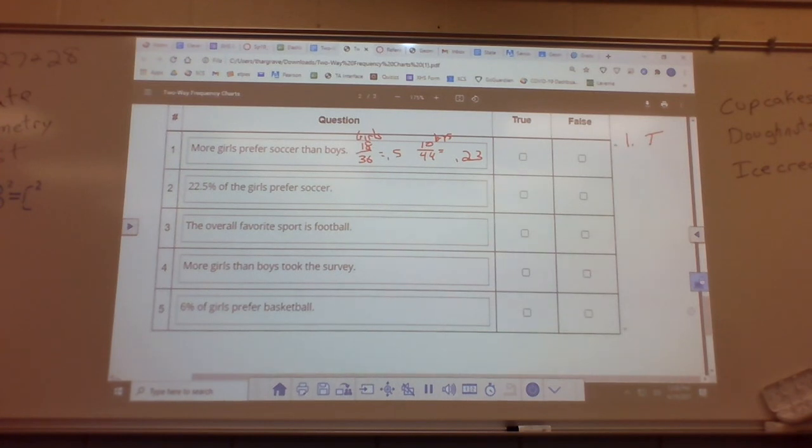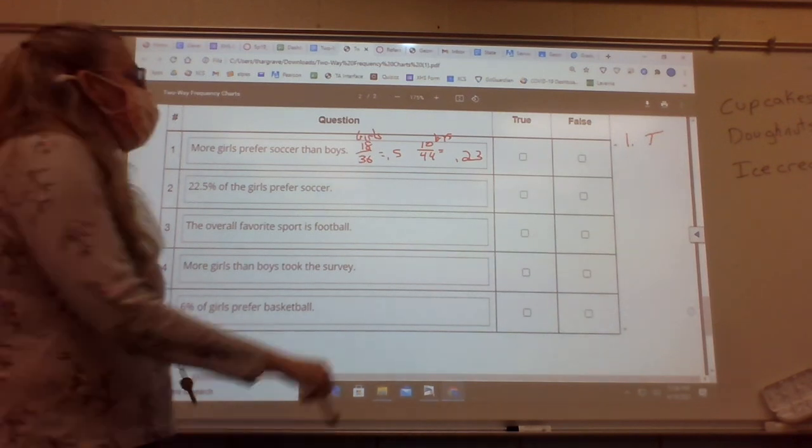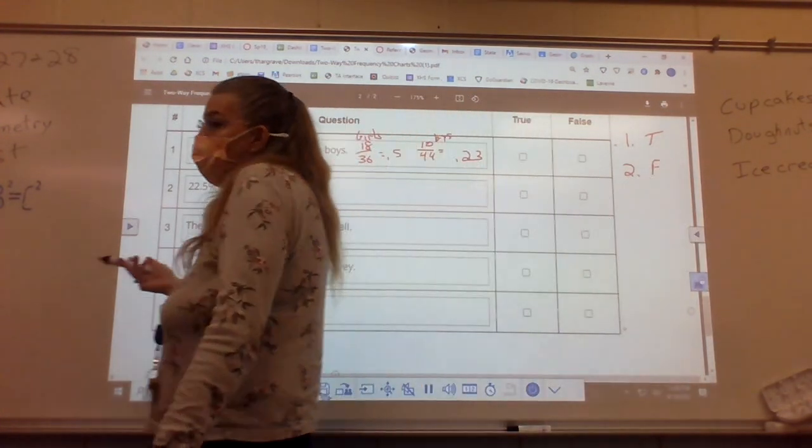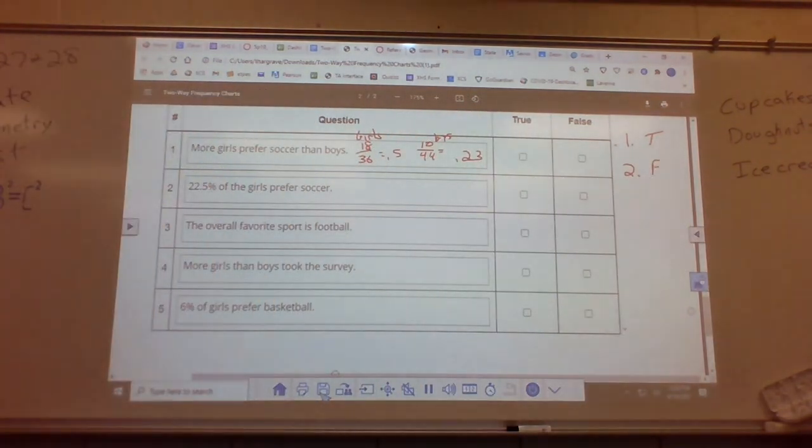Next one's a tricky one. The next one said 22.5% of the girls preferred soccer. It's false. Even though if you looked at the chart up there, there was a 22.5 just sticking out, staring at us.